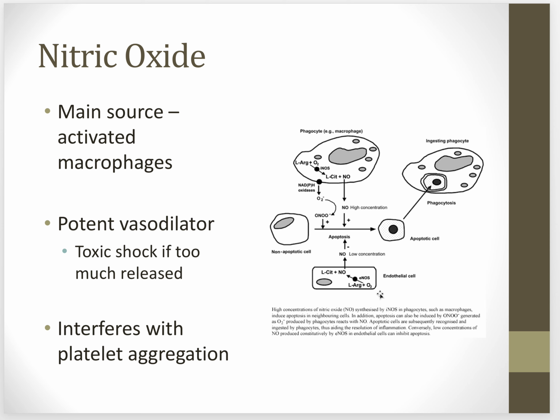As long as vessels are compliant, meaning they're not stiff and don't have high resistance, and vessels can get big and then small again, nitric oxide works really well. The first sign that vessels are losing their compliance, like in atherosclerosis, in males is erectile dysfunction, because in order for an erection to occur, you have to have compliant vessels making nitric oxide to relax the vessels in the corpus cavernosum penile region.